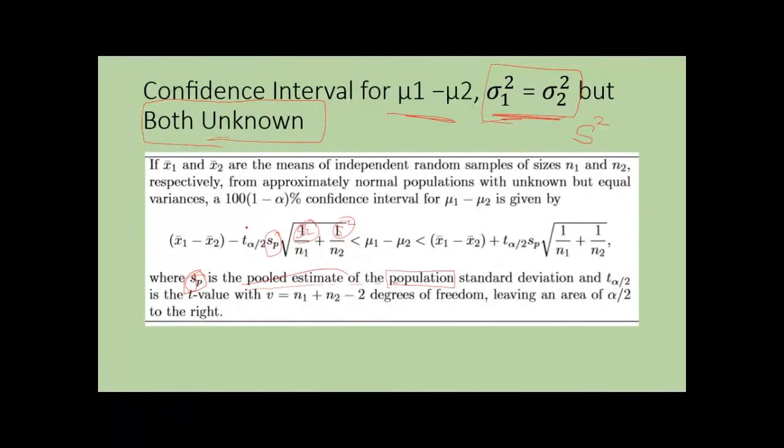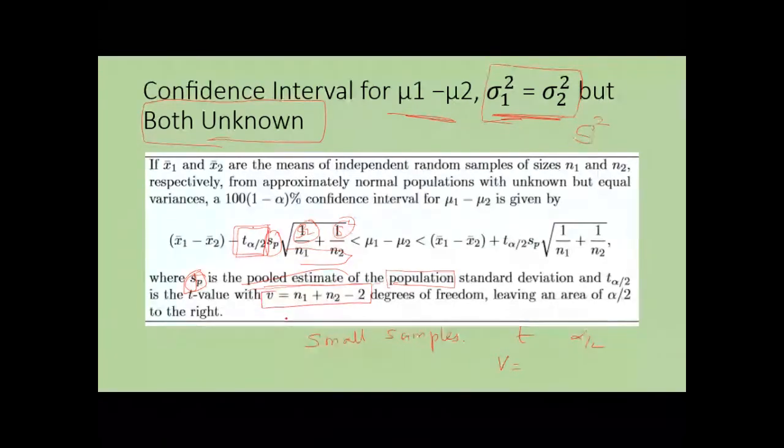Almost all are the same. Instead of Z, we are using the T table because this is for small samples. For small samples, we can always use the T distribution to replace the Z distribution. So if you want to find the value of T for alpha by 2, we need degrees of freedom. And when there are two different n1 and n2, the degrees of freedom is n1 plus n2 minus 2.